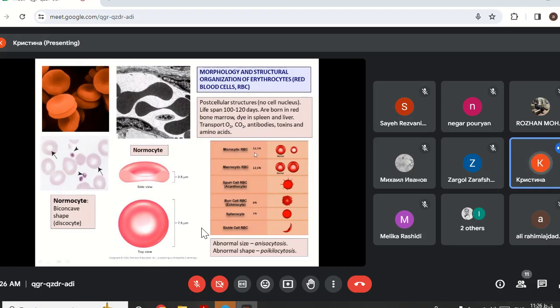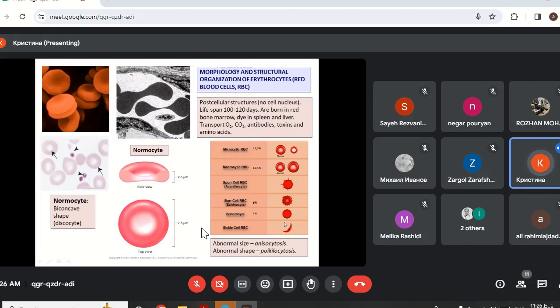So about 12.5% of red blood cells can be smaller than normal, smaller than 7 micrometers, like this, and they are called microcytes. Some of them are larger than normal, also about 12.5% normally.